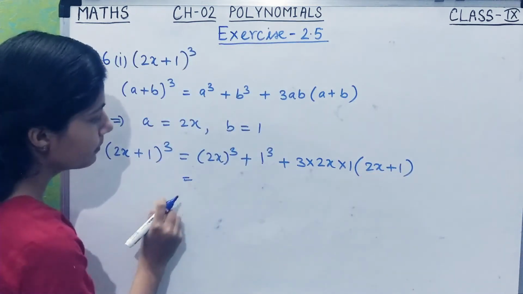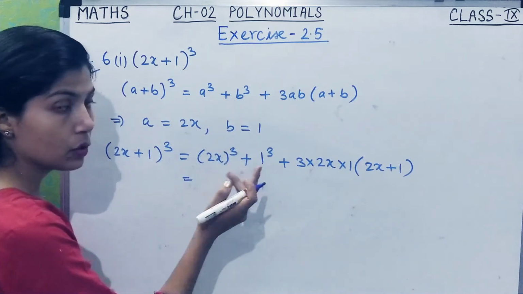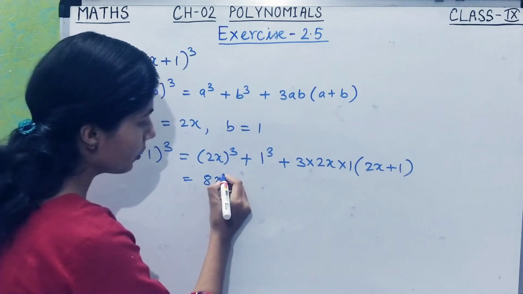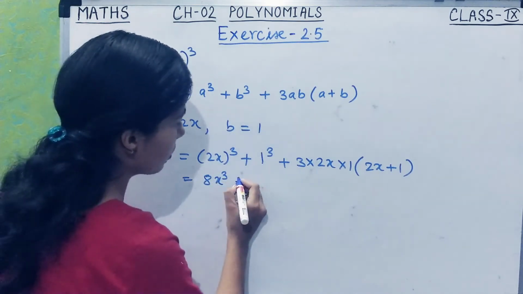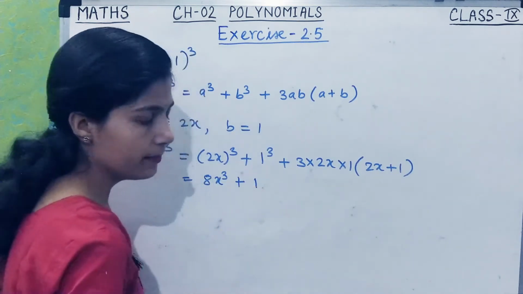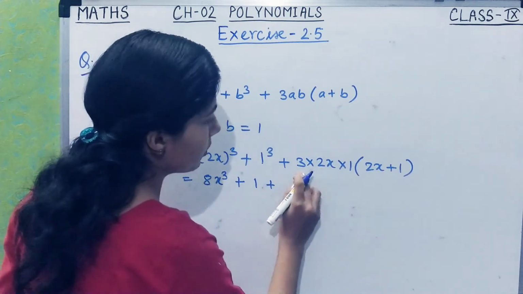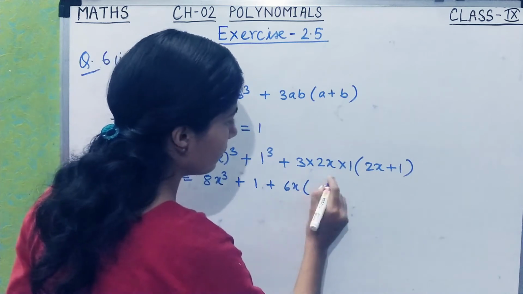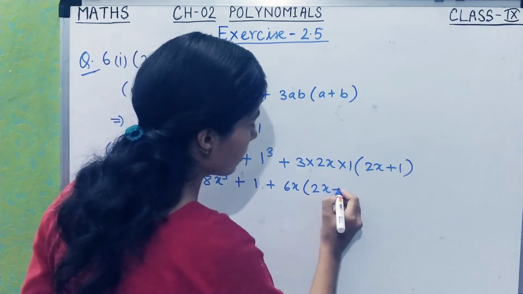Now solve it. The cube of 2 is 8, and x raised to power 3 means x cube, plus cube of 1 is 1, plus 3 times 2 is 6, into 1, 6x, and in bracket (2x + 1).